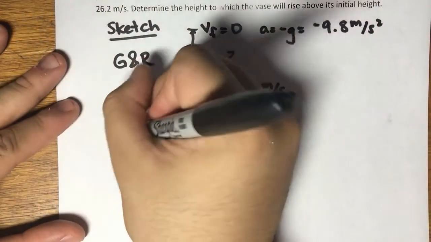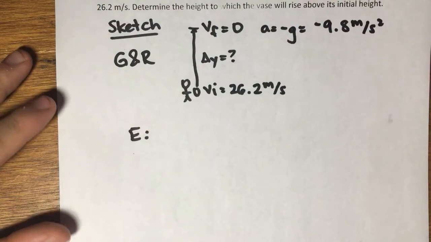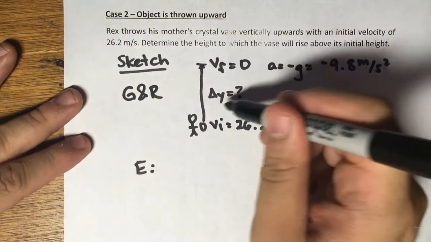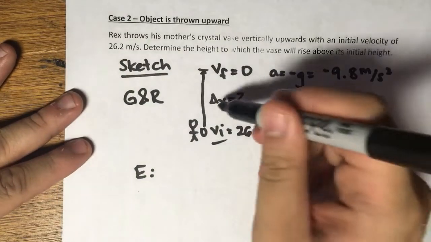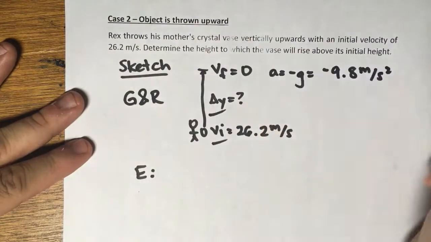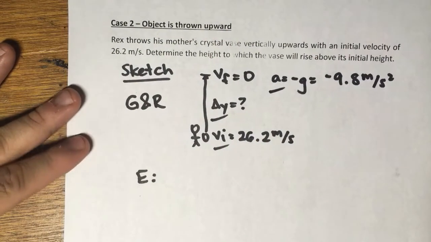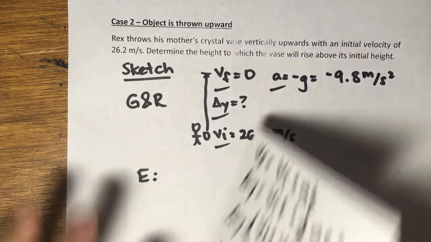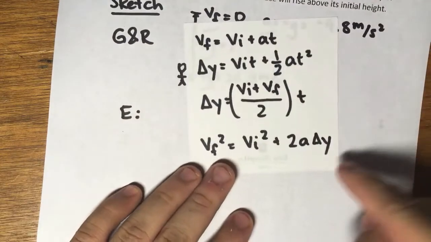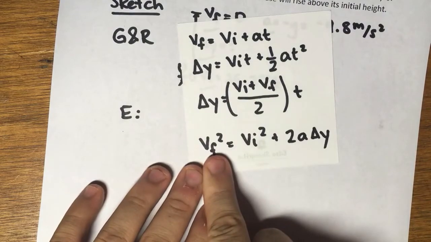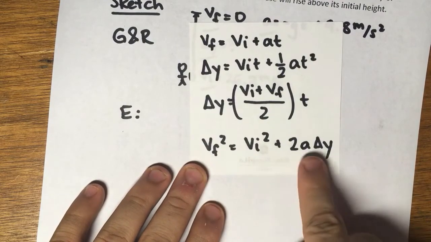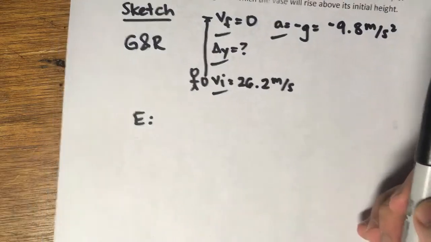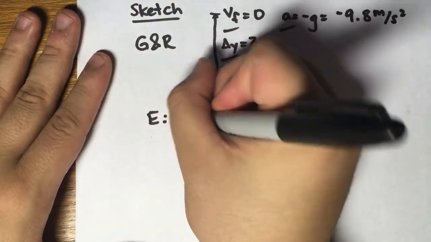Okay, now we can go to our equation. So we are given Vi, we are looking for Y, we are given acceleration, and we know Vf. So among the equations that we have here, I think the most ideal for us to use would be this one, because that's Vf, this is Vi, that's A, and that's Y, and we can solve for Y. So let's put that down.